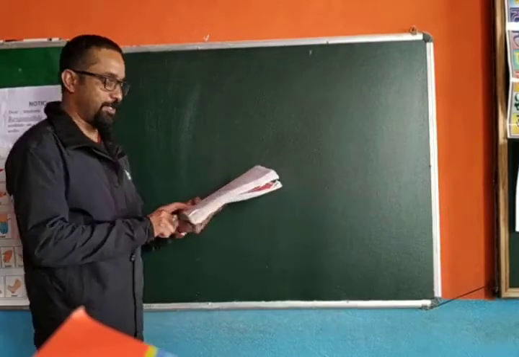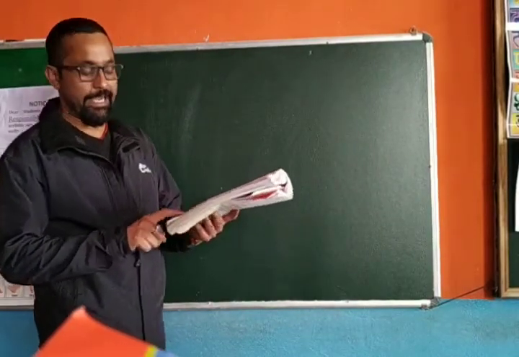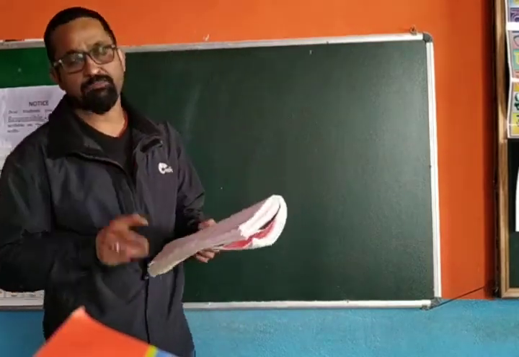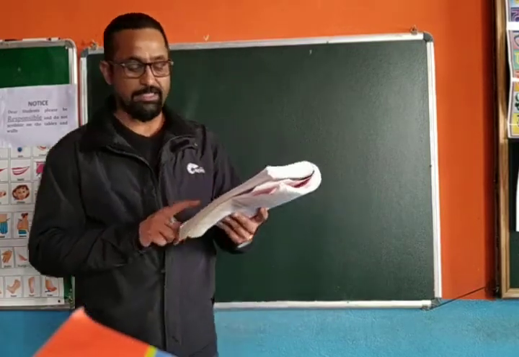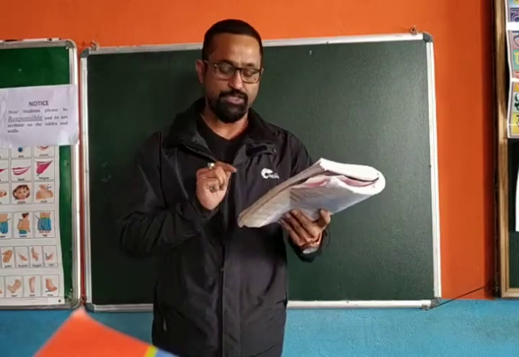Question number 1 from exercise 11. The question says that in the figure given below, D, E, F are midpoints of sides BC, CA and AB respectively. If AB equal to 6 cm, BC is 4.8 and CA is 5.6, find the perimeter of the trapezium and the perimeter of the triangle.